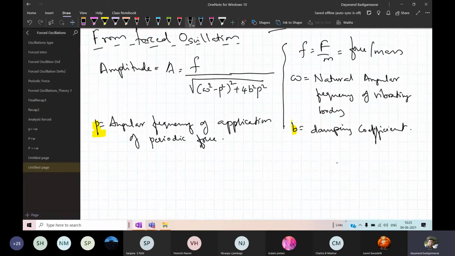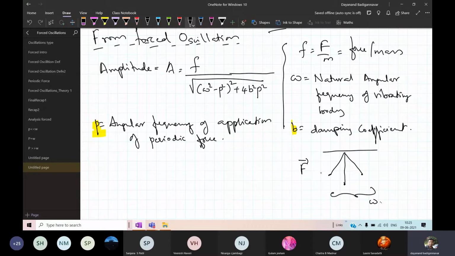Now I will explain this in a simple case. I have a spring mass system, or any oscillating medium. Now I have taken a simple pendulum. The simple pendulum has a natural frequency omega. Now you apply a force so that you keep it in an oscillating state.